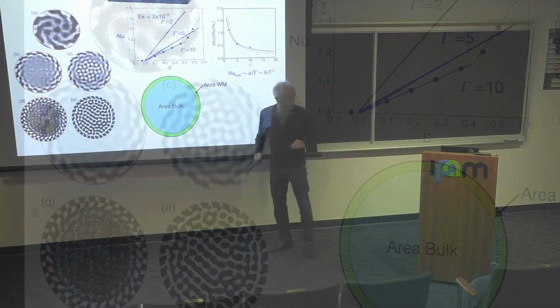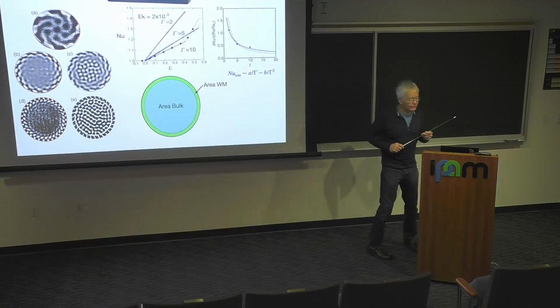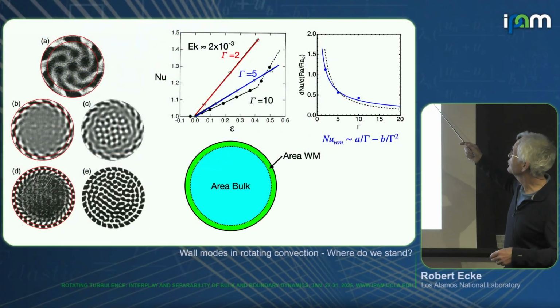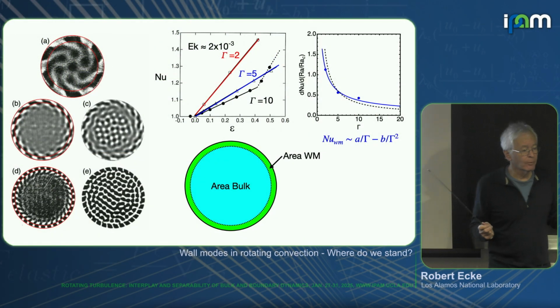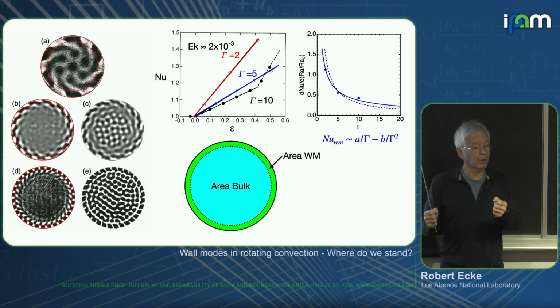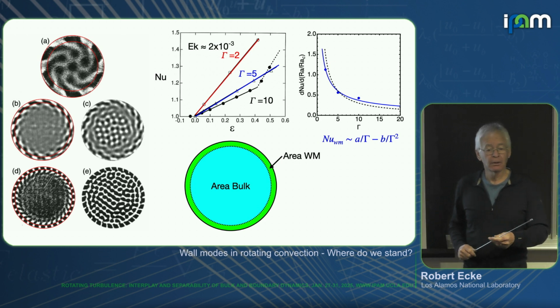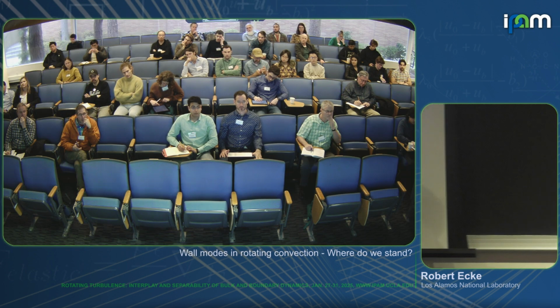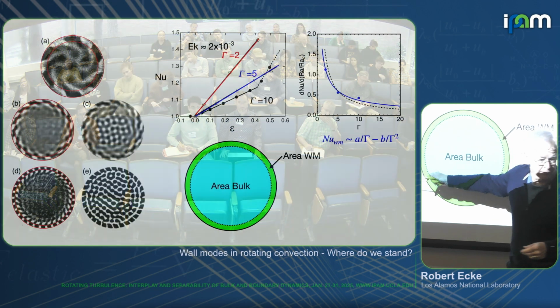And roughly speaking, you can figure out that as the aspect ratio goes up, you should get a smaller and smaller contribution from the wall mode because the total area of the cell, which you're normalizing by, is getting bigger. This is gamma 2, this is gamma 5, this is gamma 10.